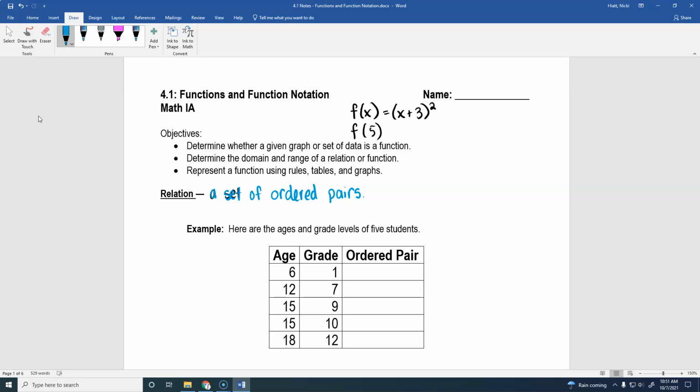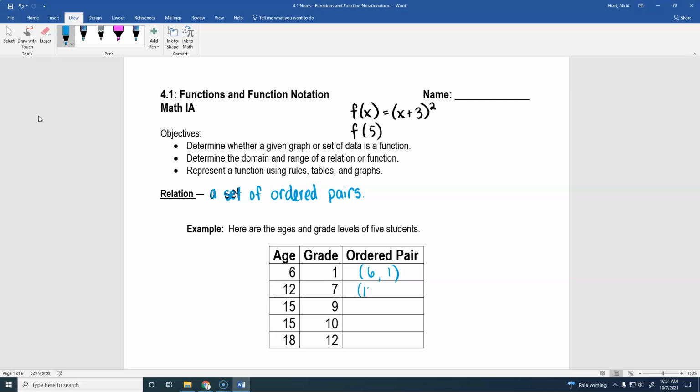So if I have this particular example, I've got the ages of students and the grade that they're in. I could write them as ordered pairs, and I would write it like this, (6, 1), using parentheses around it. If I wanted to graph that, I would go over 6, up 1, and graph that point. You know how to graph a point, right?